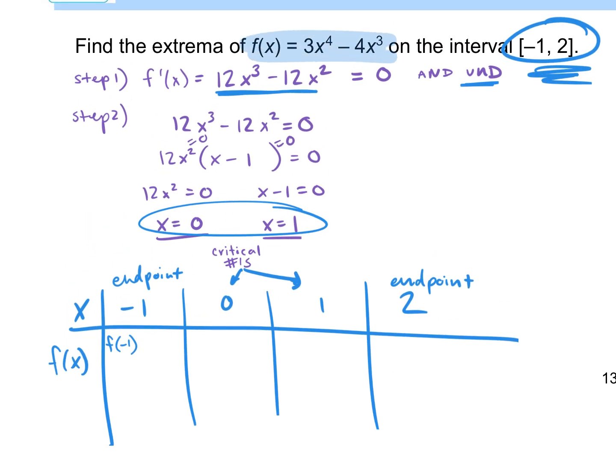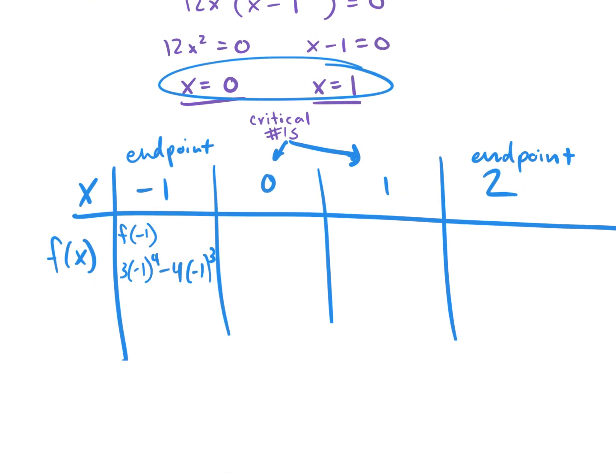We want to find the y value of our original function, not the derivative. So when we plug that in, we have 3 times -1 to the 4th power minus 4 times -1 cubed. So this would be 3 times +1 minus -1 cubed would be -1. So 4 times -1. So 3 plus 4 is 7.